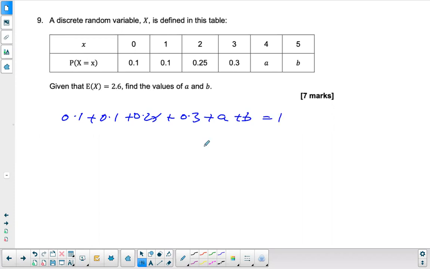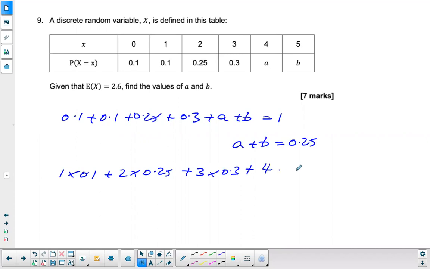Gives you a plus b equals 0.25. And then we know that within the expectation, 1 times 0.1, I can ignore the 0 times, plus 2 times 0.25 plus 3 times 0.3 plus 4 times A plus 5 times B is equal to 1.1.